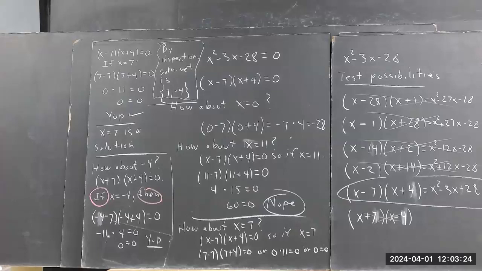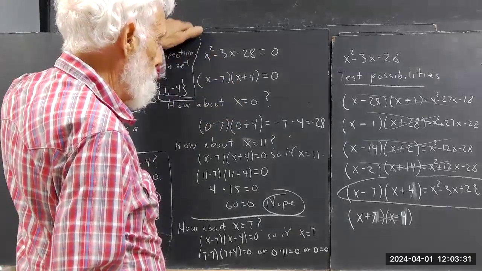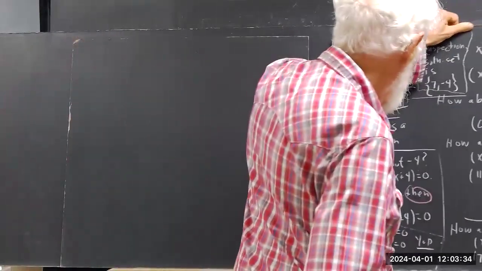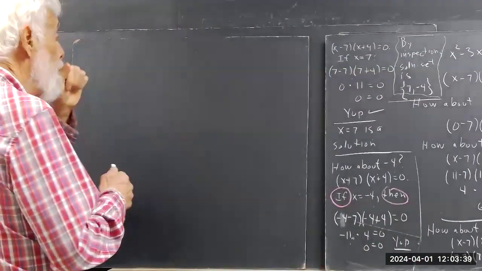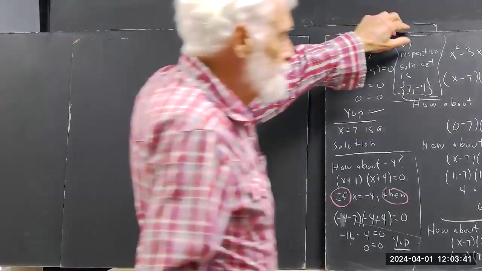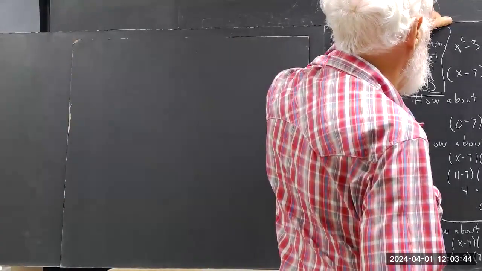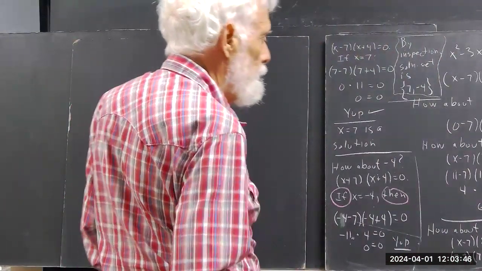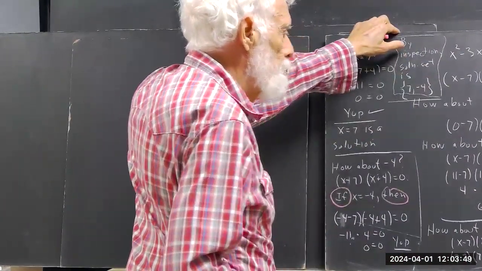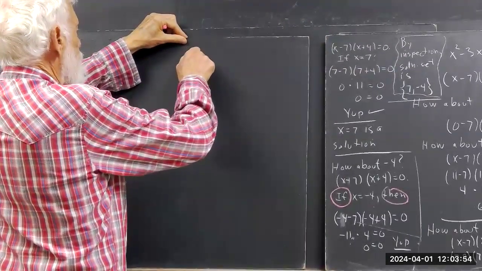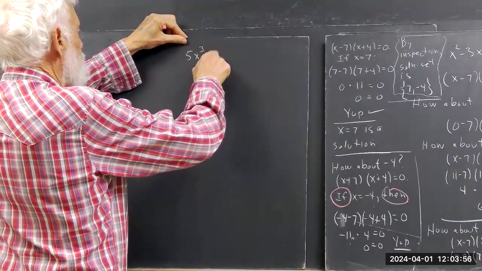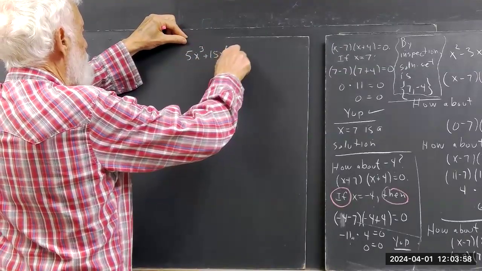Now, there's another way. Let's now go ahead and do it again, but let's do it with this third problem, which was 5x cubed plus 15x squared minus 140.